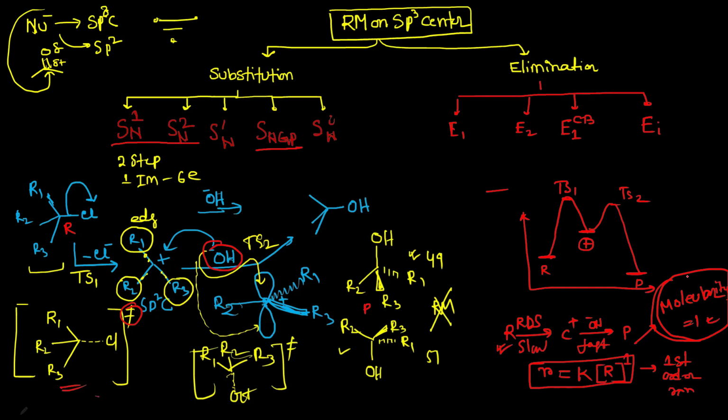And as molecularity is 1, this reaction is called unimolecular reaction. If molecularity is 2, then we would be calling it bimolecular reaction. Here it is unimolecular reaction. So SN1 reaction is a unimolecular reaction.